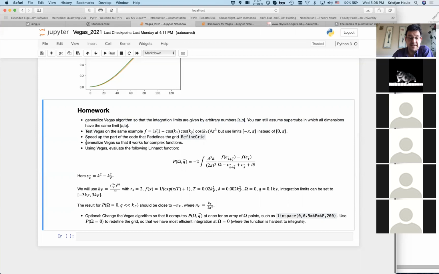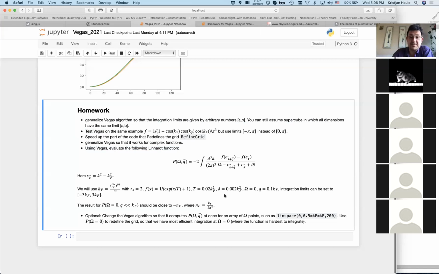Then the second part is going to be generalizing Vegas so that it works for complex functions. Once we do that, we are going to test this generalized complex Vegas with the following function, which is actually a polarization function for the uniform electron gas.